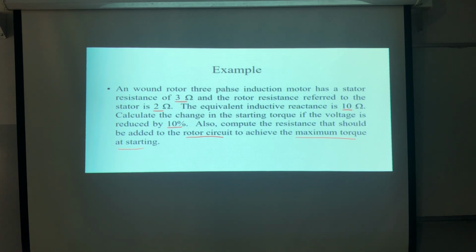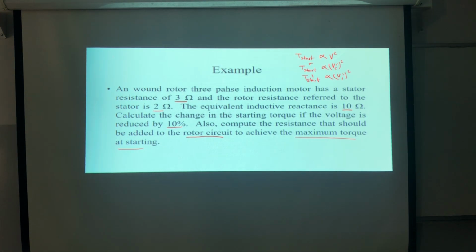Now, if you don't remember any formula, you only need to remember that T start is proportional to V squared, correct? So T start rated is proportional to V rated squared, and T start at 1 is proportional to V1 squared.